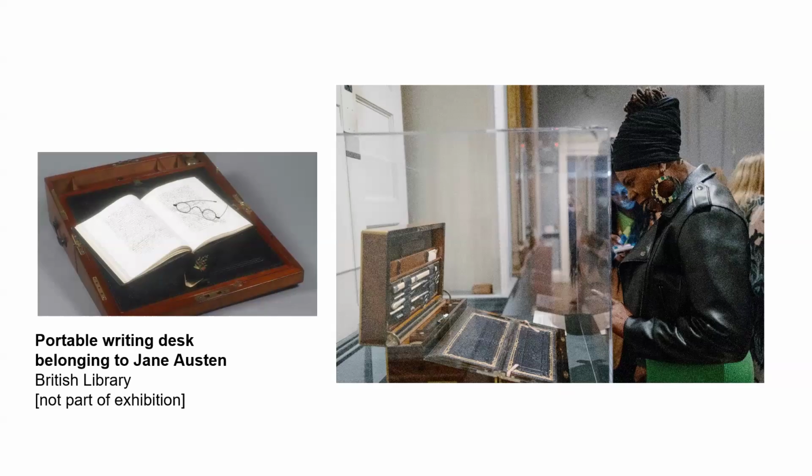But we do have one which is very similar, which you can see in the other image, that belonged to the Lascelles family, and that's dated to the late 19th century. And there's one famous story that on one visit to her brother Edward Knight's estate in Godmersham in Kent, her portable desk was accidentally packed onto the wrong carriage.